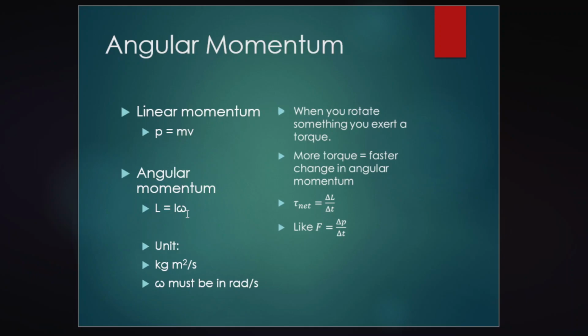So that's why ice skaters will slow down when they extend their arms outwards. And if they pull their arms in towards their chest, your moment of inertia gets smaller, so your angular velocity would increase to keep that L the same.